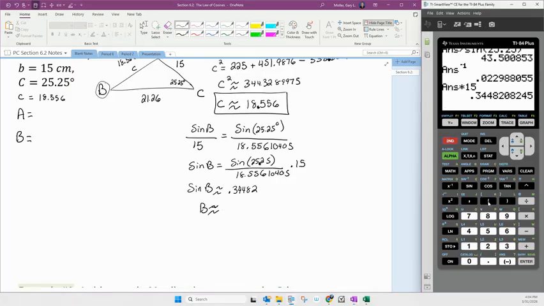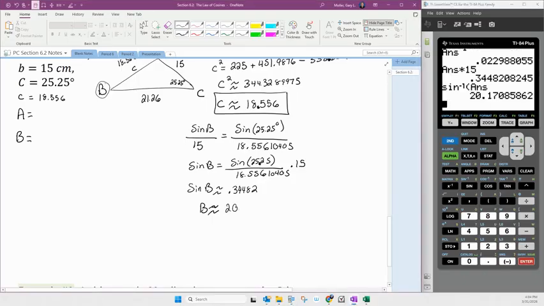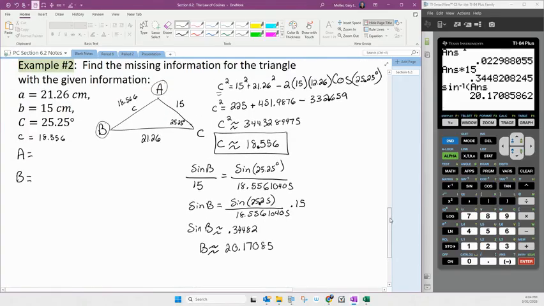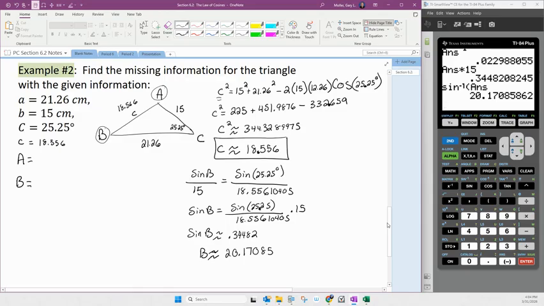So the arcsine is 20.1708. And I know, because I found the smallest angle remaining, I found angle B, which is opposite 15. I know this has to be the 20. Because if it's not the 20, it's 160.